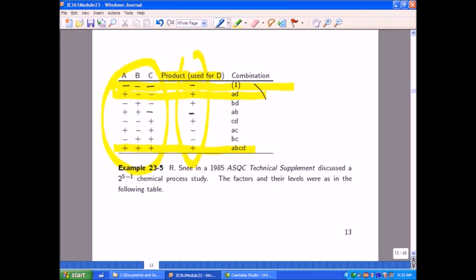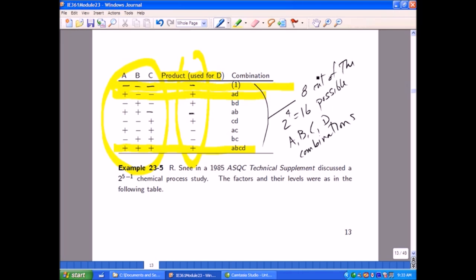What I've got listed here are 8 out of the 2 to the 4th equals 16 possible A, B, C, D combinations. This is 8 out of 16.